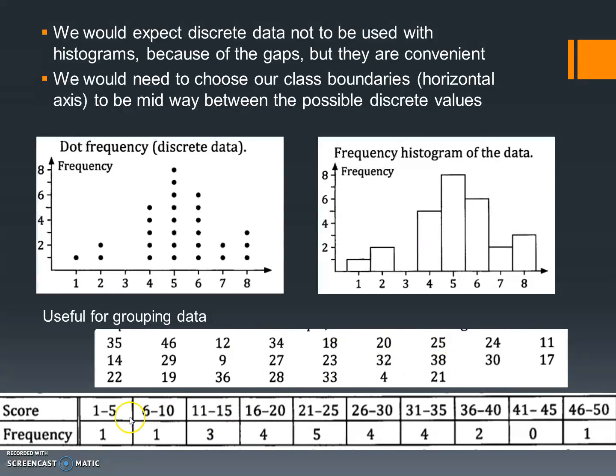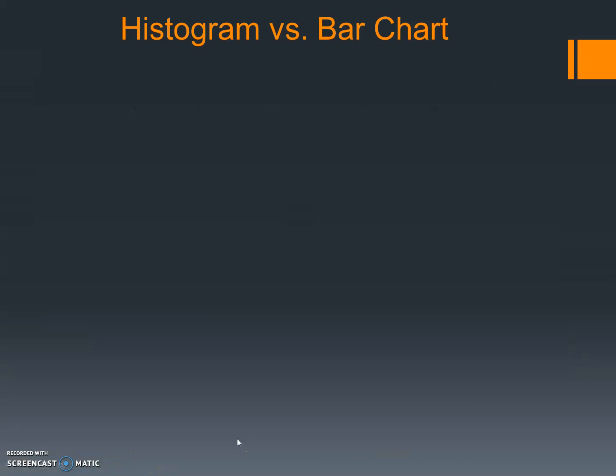Now we can see that there's not a lot on the ends, between 1 and 10 or 41 and 50, and a majority of the scores are lying around the middle, which is 21 to 25. Even though we're not seeing the exact scores, we can see the general patterns. And then this grouped data could be displayed as a histogram.